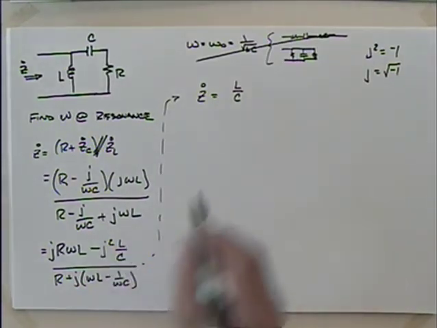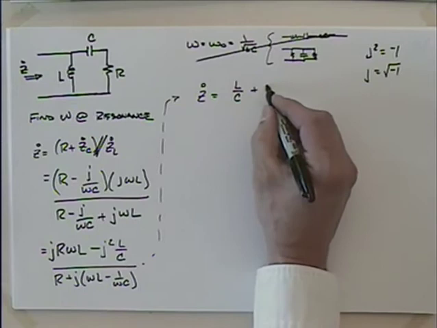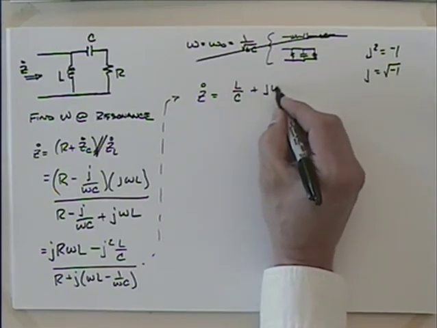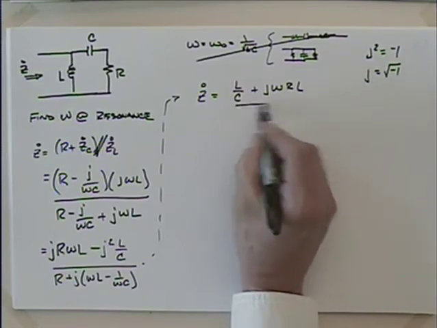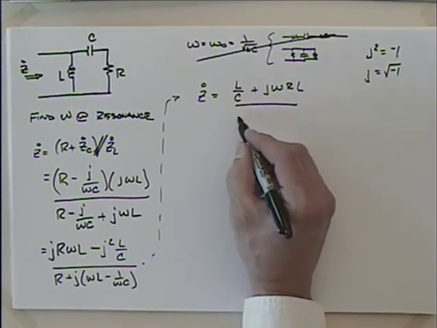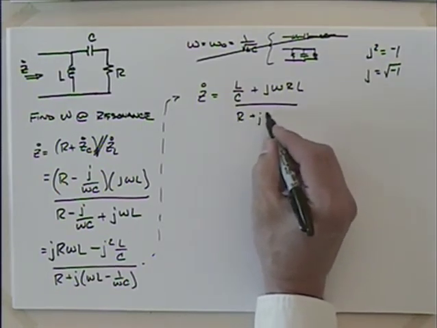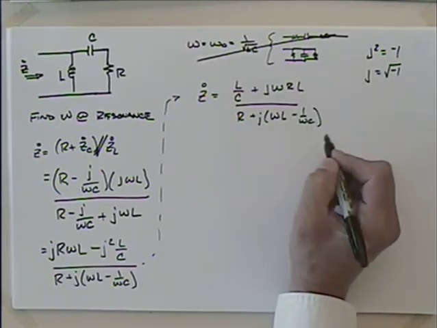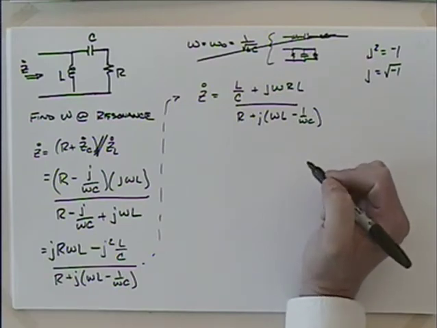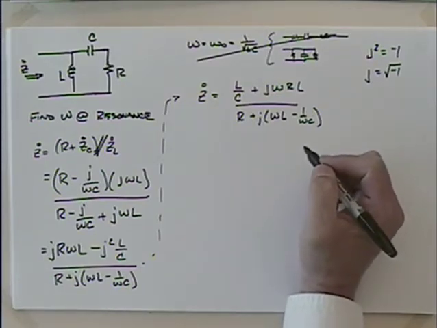I have L over C, and then I will have plus j omega R L, divided by R plus j omega L minus 1 over omega C. Let's see, could I do that a little differently?